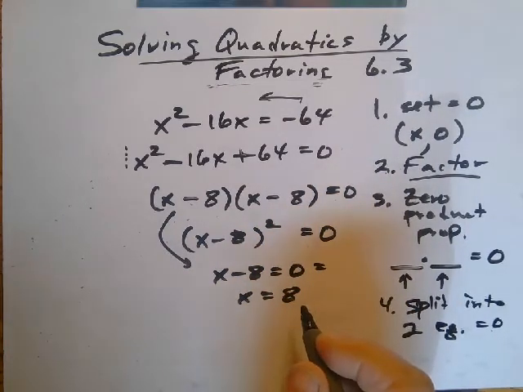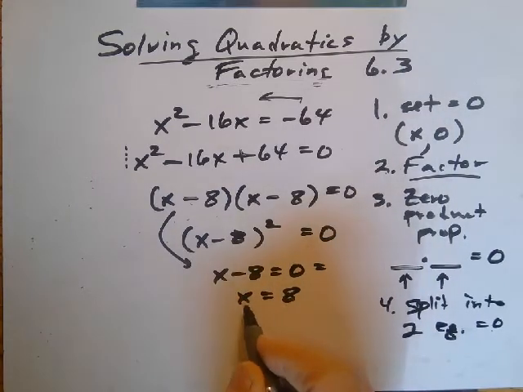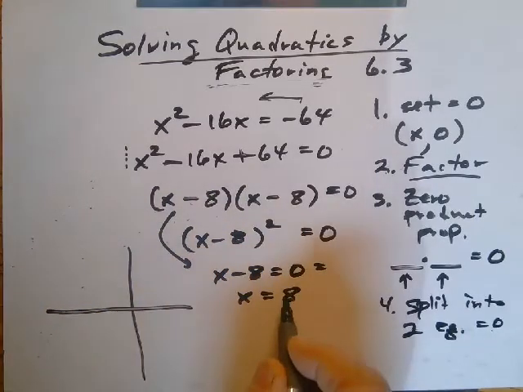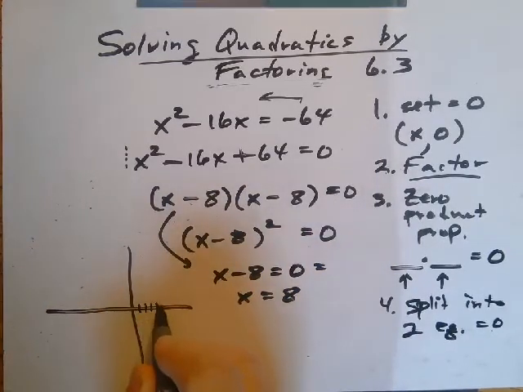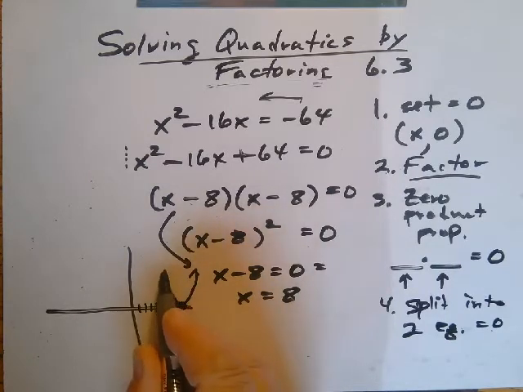Now, there are two answers here, and somebody may say, well, it's really only one answer. Yes, there is only one answer. This is a parabola where the only solution is at 8. It's right here. That means if it's got only one solution, it must be a parabola that sits or hangs at that spot from the x-axis.